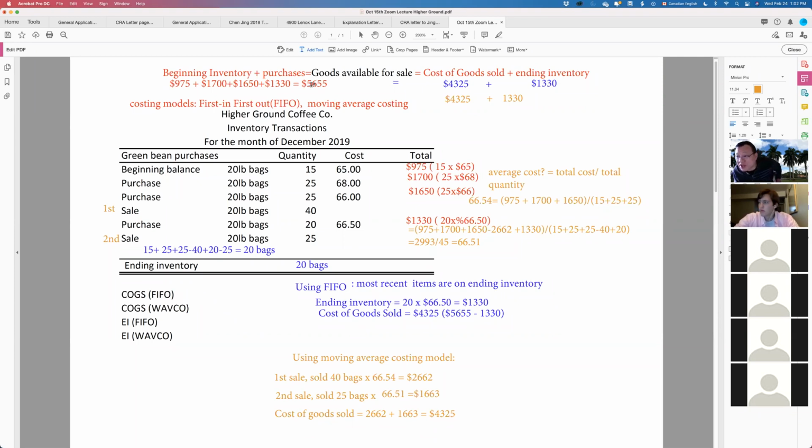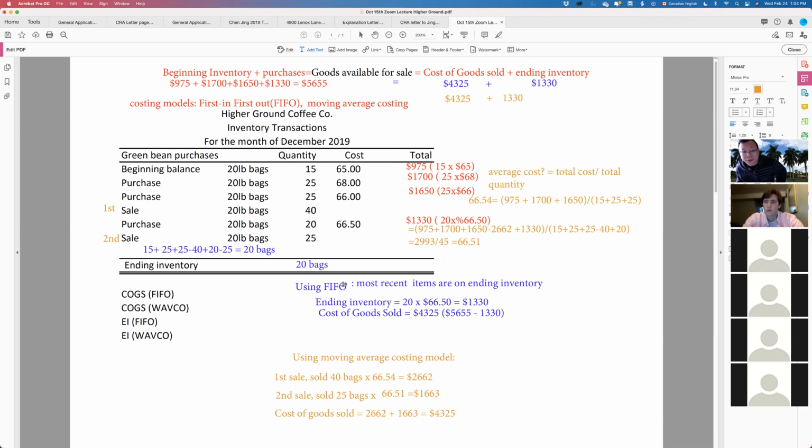However, when you allocate this amount into two different accounts, cost of goods sold, an income statement item, and ending inventory, a balance sheet item, it depends on your assumption.